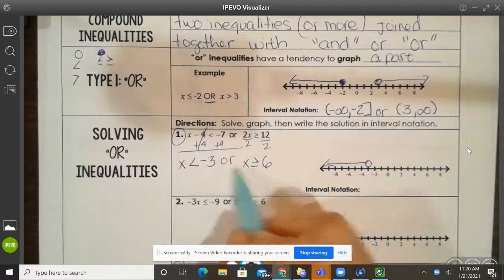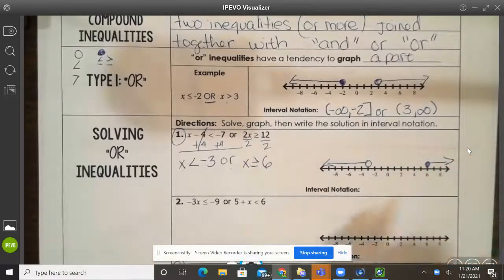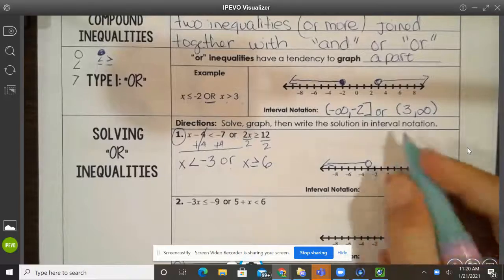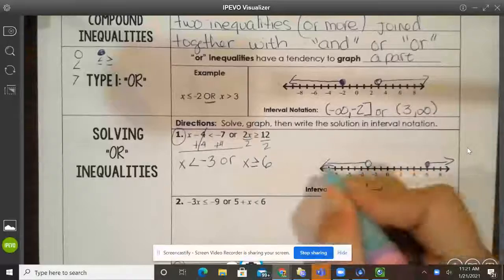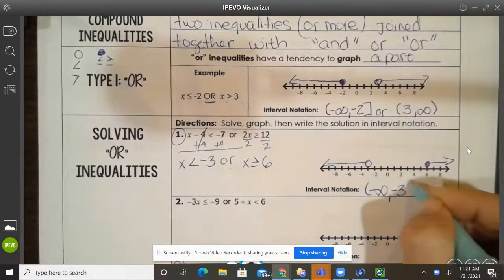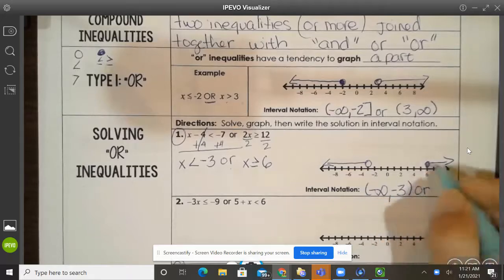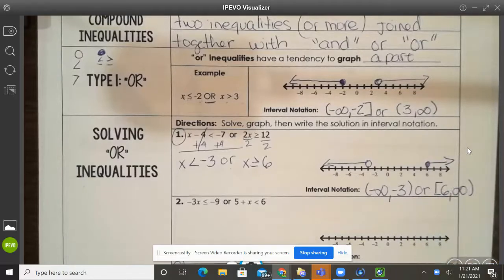Or x is greater than or equal to 6, a closed circle, and it's all the numbers to the right of 6. Then the interval notation is negative infinity, because you're going this way, up to -3, open circle, or we have a closed circle on 6, and then all the numbers after that, with a parenthesis after the infinity sign.